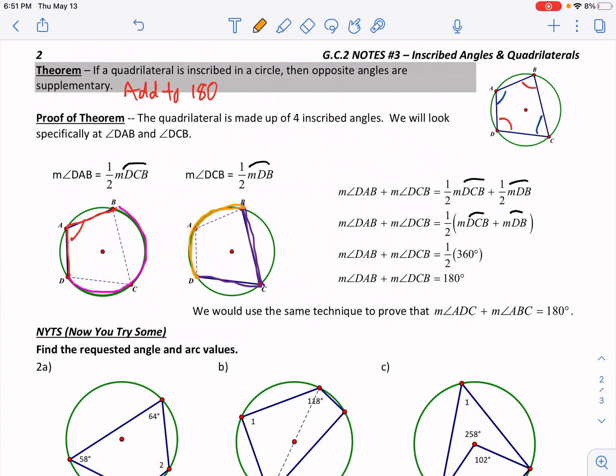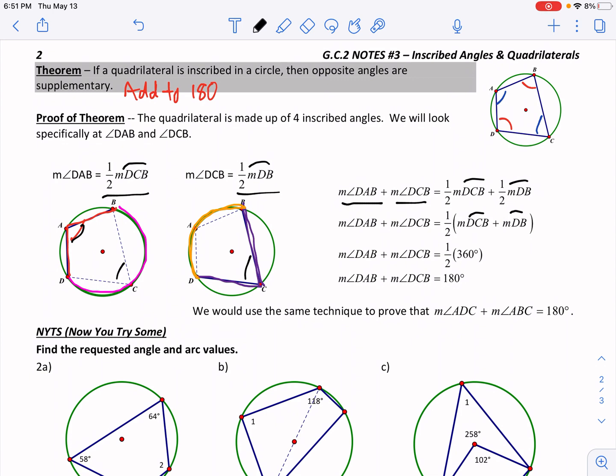Okay. Now, putting that together, we know that the measure of DAB, that angle here, plus the measure of the angle DCB, and really you could look at it on the same picture if it's getting a little confusing here, those two angles together is equal to half of the measure of DCB plus half the measure of DB.